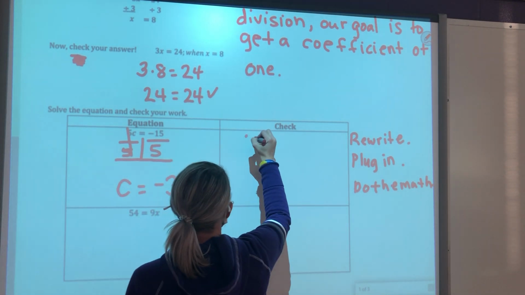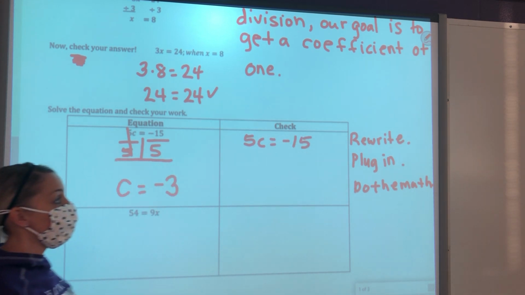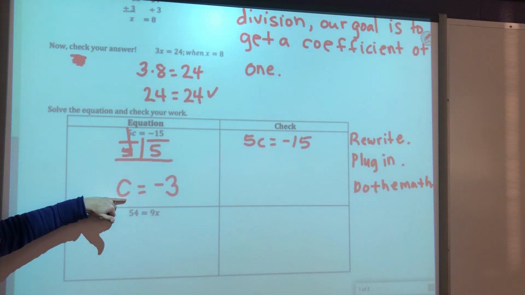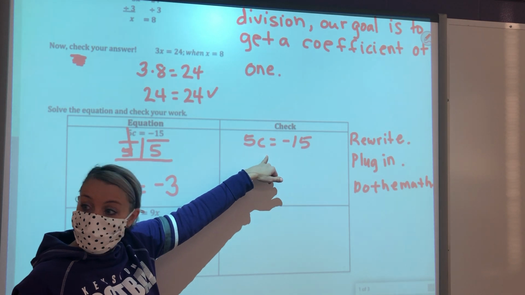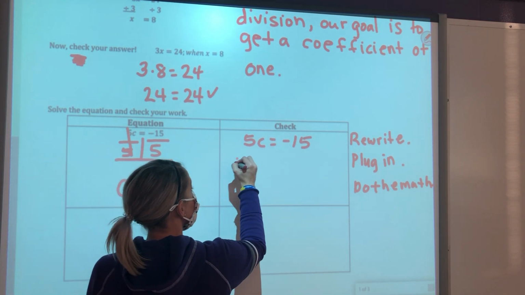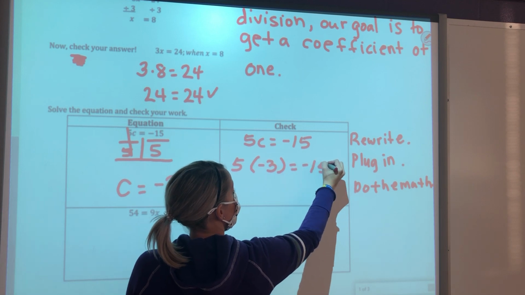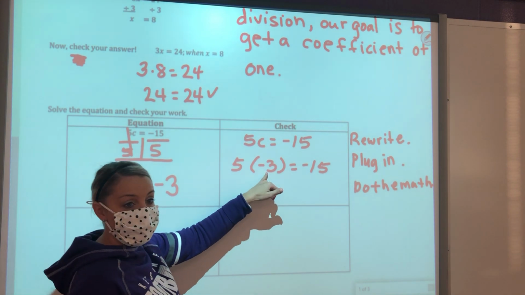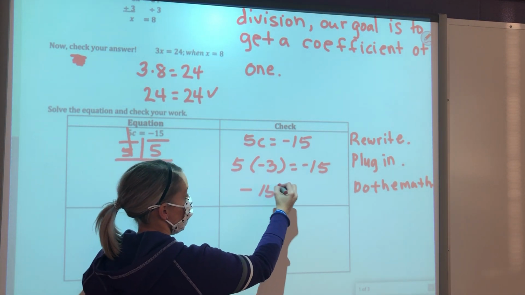So 5 times c equals negative 15. So what did I get for c? So what am I going to plug in whenever I see a c? Positive times negative? 5 times 3? 15.